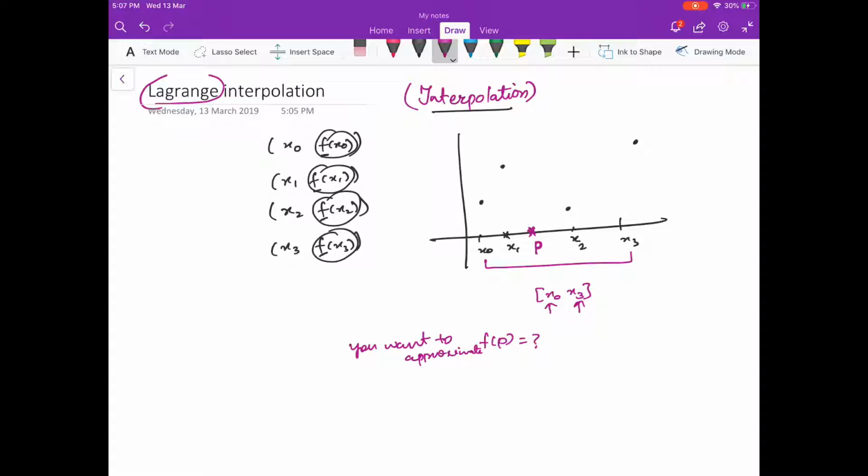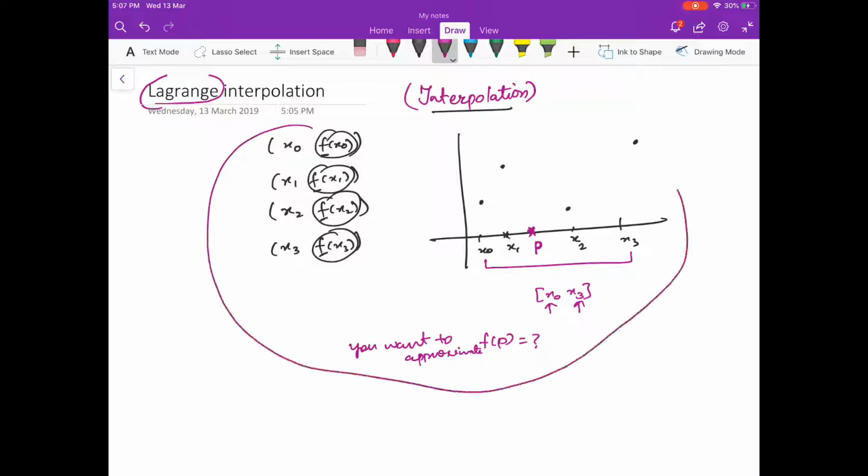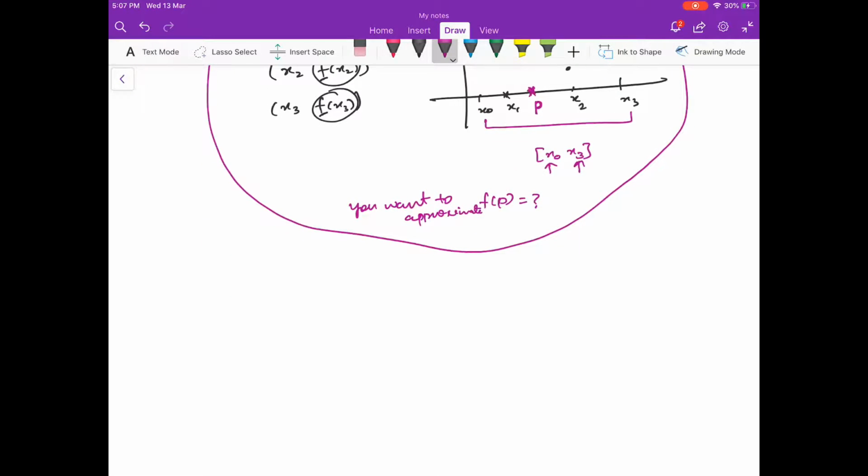Okay, so where do you practically use these things? For example, you do some experiment.